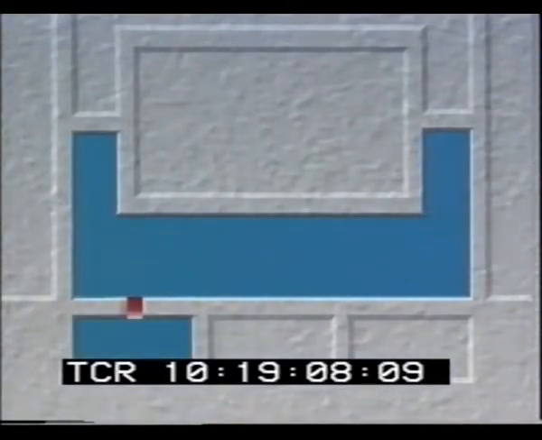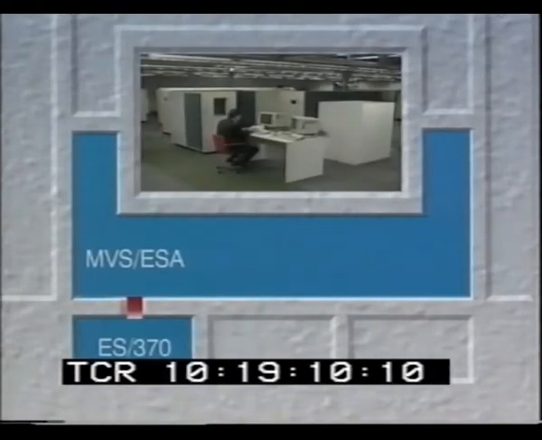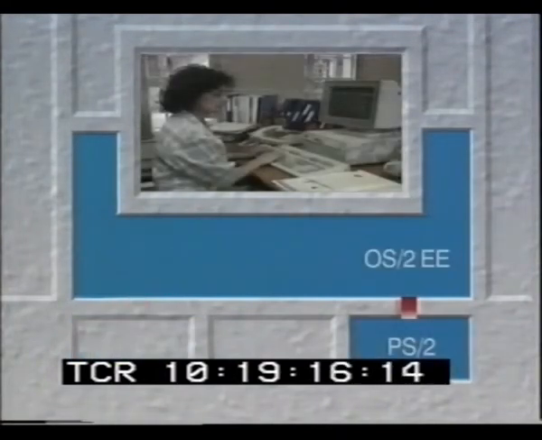It is hardware-specific. For example, MVS ESA is designed for computers based on ES370 architecture. System support for the PS2 is totally different.